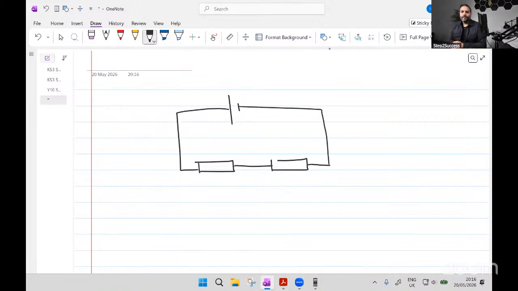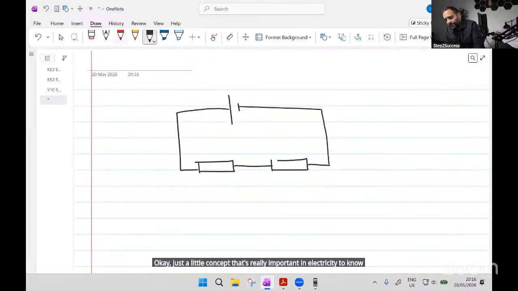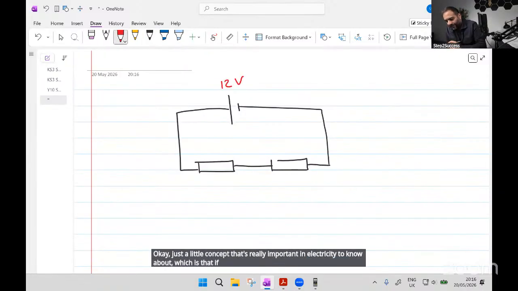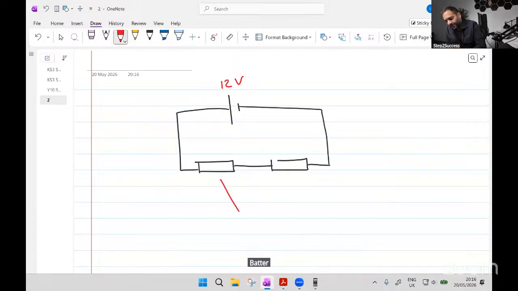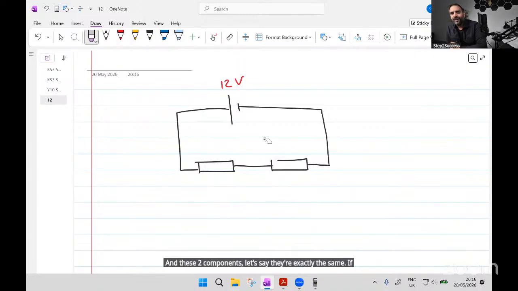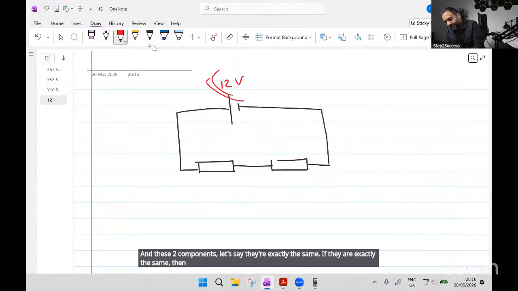Okay. Just a little concept that's really important in electricity to know about, which is that if, for example, this is a 12 volt battery, and these two components, let's say they're exactly the same. If they are exactly the same, then this voltage gets shared equally between them. So that would get 6 volts and this would get 6 volts.